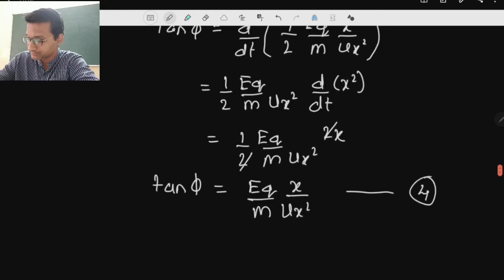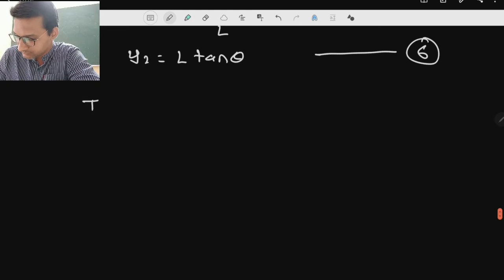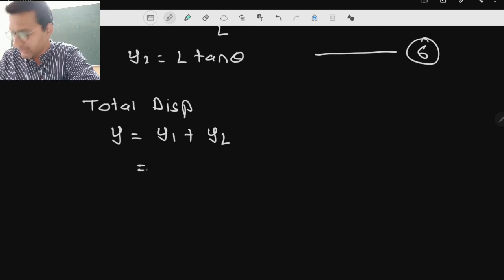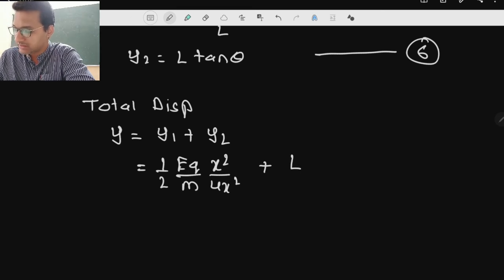So the total displacement along y-axis will be y1 plus y2. y1 we know is 1/2 eq by m into x square divided by ux square, plus y2. y2 is L tan theta.